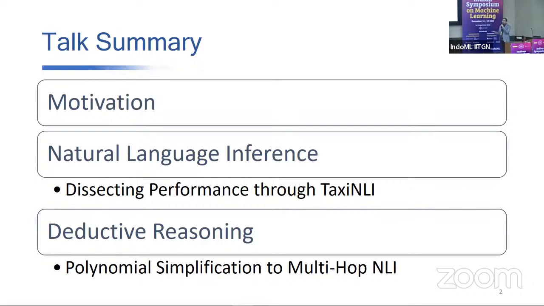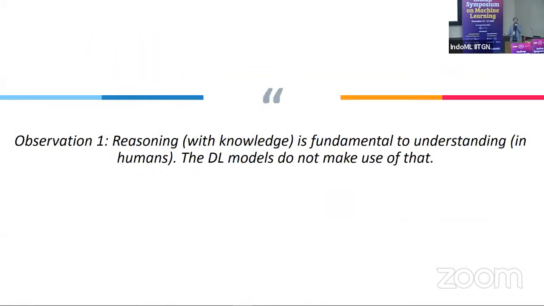Then we'll go to some deductive reasoning examples, showing how looking at reasoning can help enhance these systems. So we start with an observation and a hypothesis. A general observation of multiple researchers from many disciplines is that reasoning and knowledge play a fundamental role in how humans perceive and understand the universe.